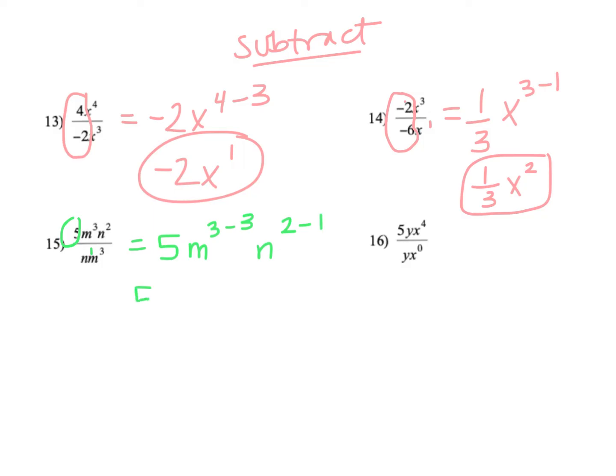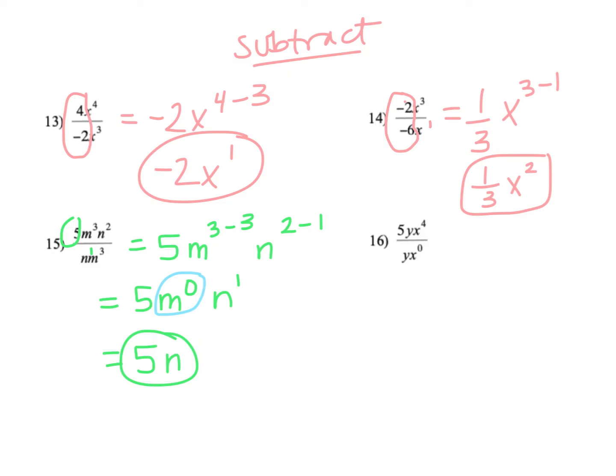Okay, so I get 5 m to the 0, because 3 minus 3 is 0, and n to the first power. And then, alert, alert, we learned the exponent rule that anything to the 0 power is 1. So my most simplified answer then would be 5n to the first power, which is the same thing as 5n.